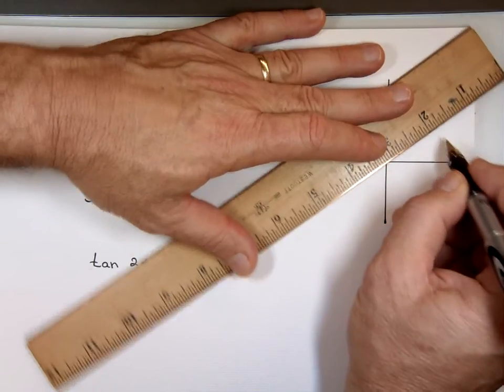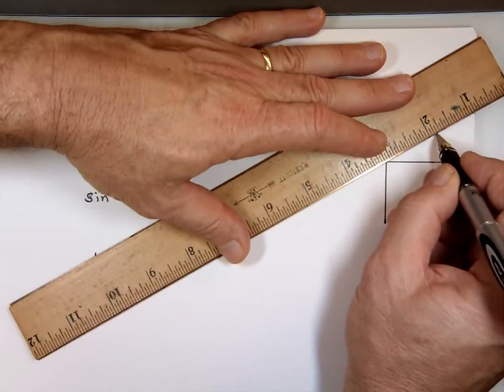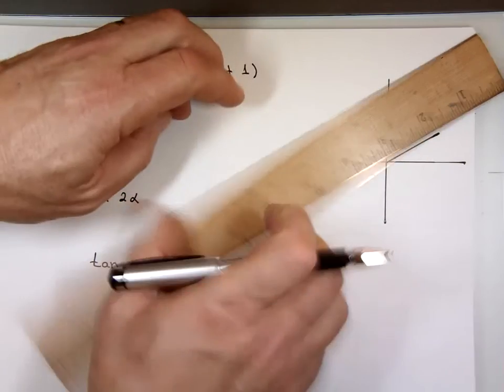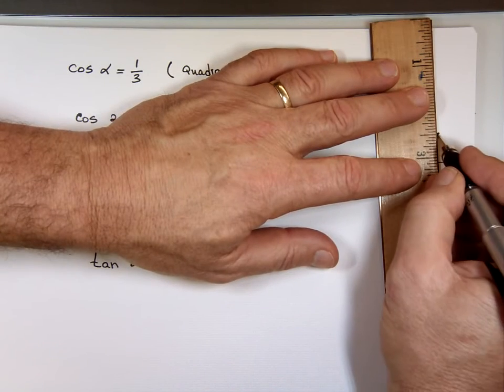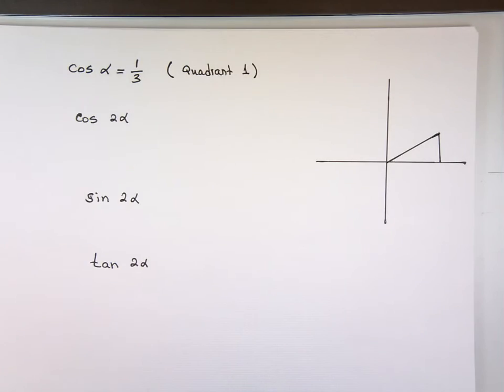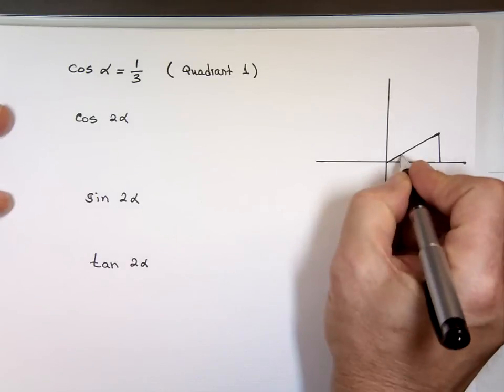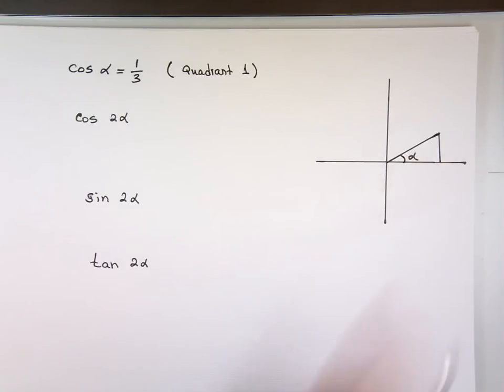There's my angle. I have no idea how big the angle is, and I don't really care to know. This is alpha. The cosine, what sides? Adjacent over the hypotenuse.